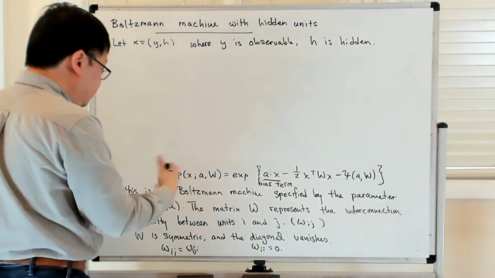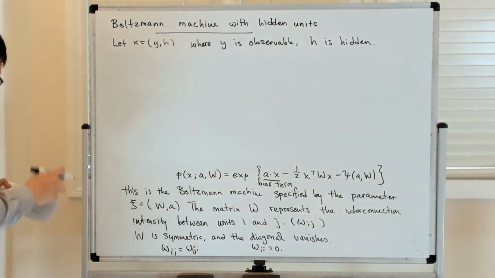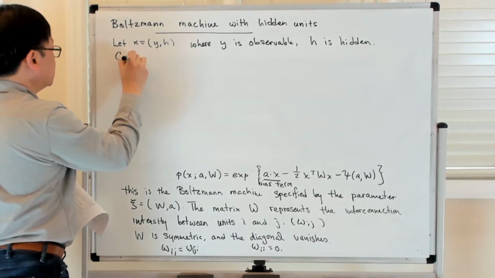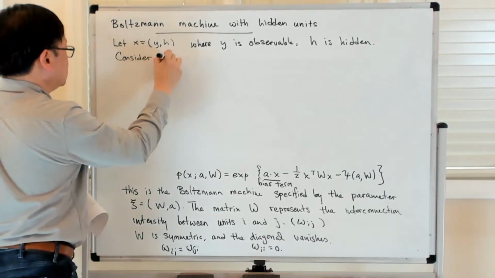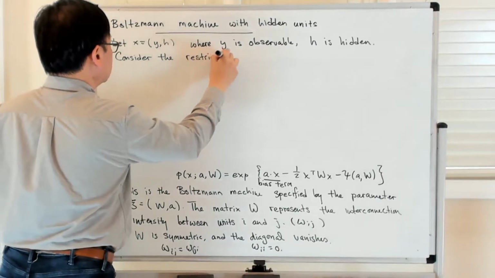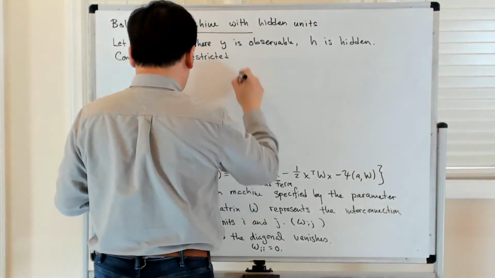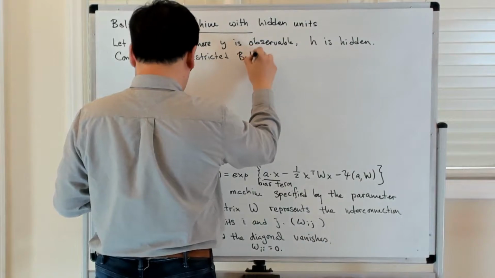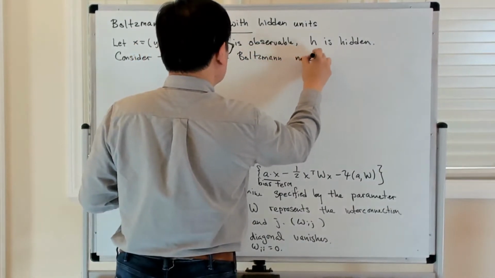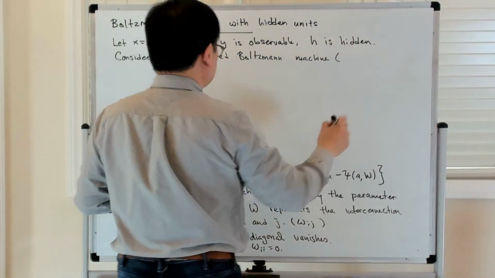For simplicity, we're going to consider what is called the restricted Boltzmann machine, or RBM.